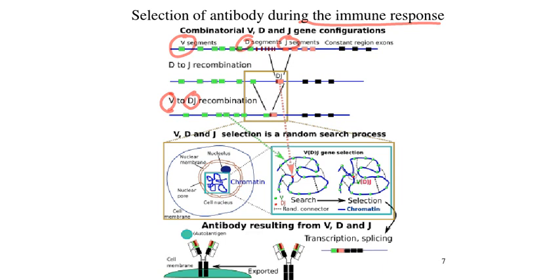This is illustrated in this process where you have chromatin, with many V in green, and one DJ in red, and one of them by Brownian motion.